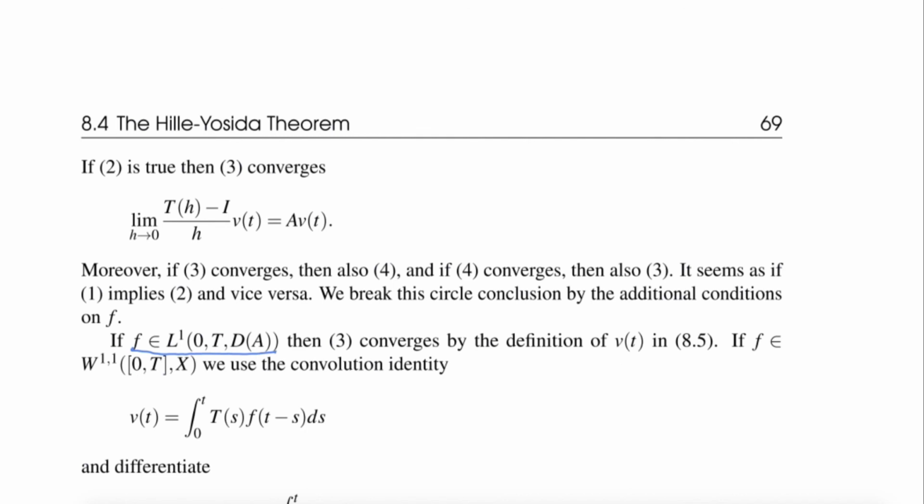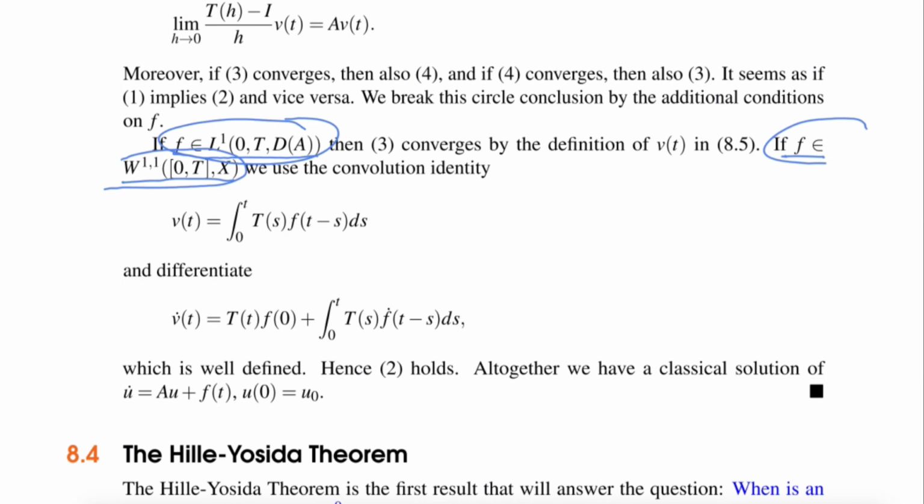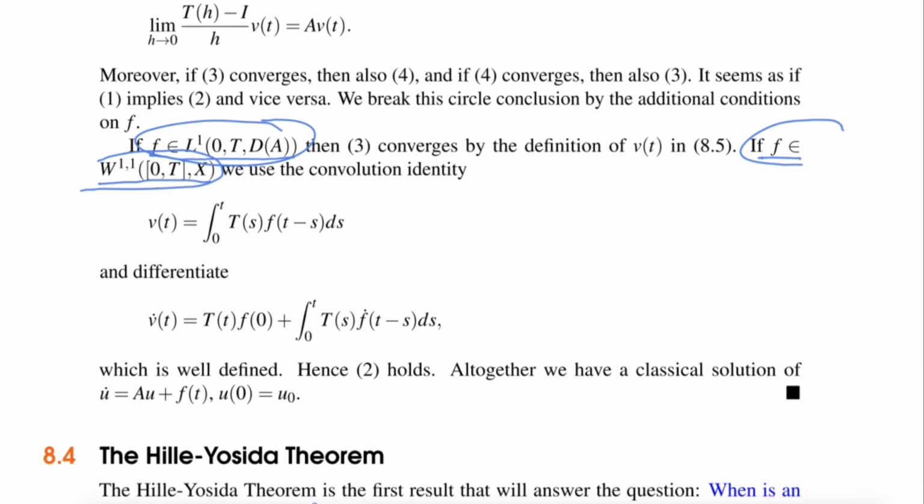And then 4 converges. On the other hand, if f is in W^{1,1} with values in X, then we have weak derivatives in time. And then we simply differentiate the v definition. So then we get v dot equals T(t)f(0) plus the integral of the semigroup times f dot. And since f dot arises here in the integral, we get away with the weak time derivative right here. So everything converges and we are done.